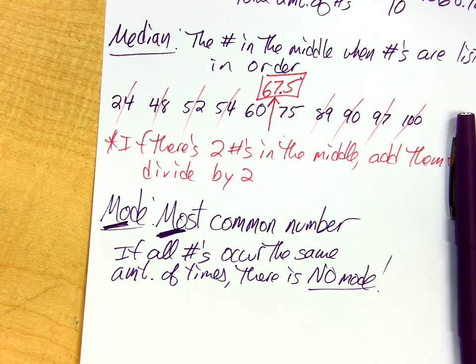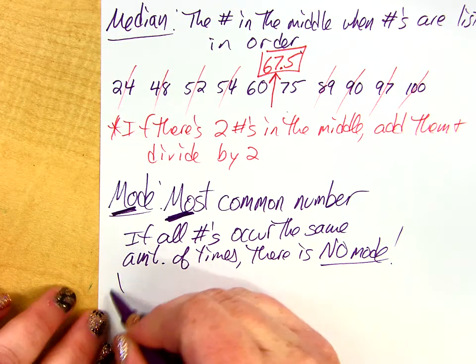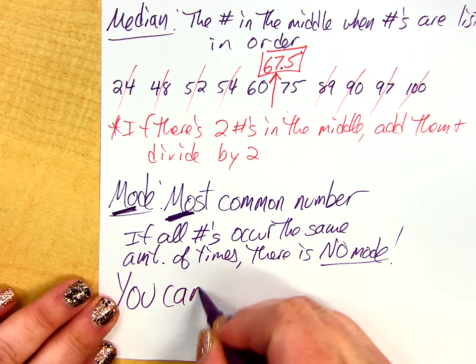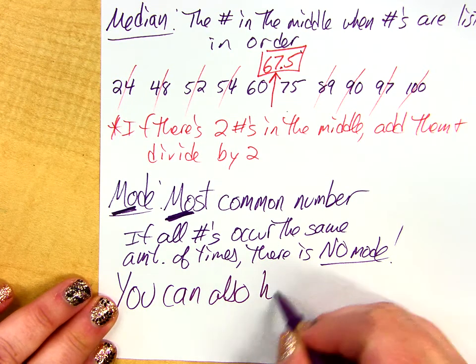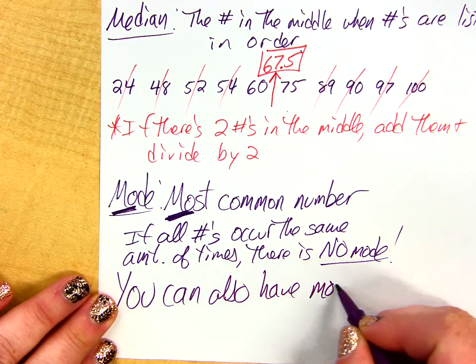So you can have more than one mode, yeah? So you can have no mode. Usually you just have one number that is the winner. But then if there's a tie, they both get to be the mode. So you can also have more than one mode.